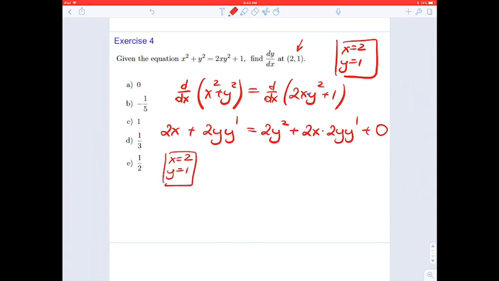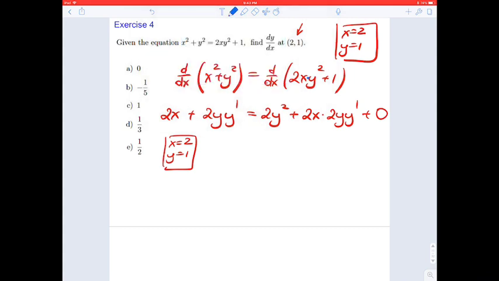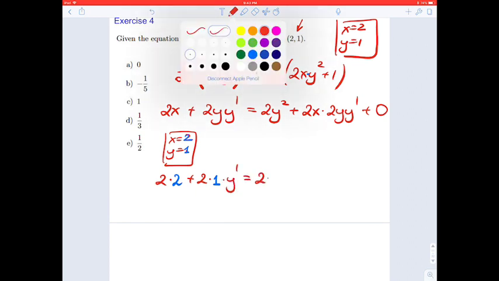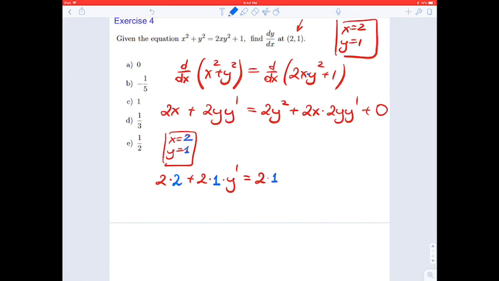I'm taking advantage and substituting them right away. 2 times 2, plus 2 times 1, y prime. 2 times (1 squared plus 1), plus 2 times 2 times 2 times 1, and y prime.